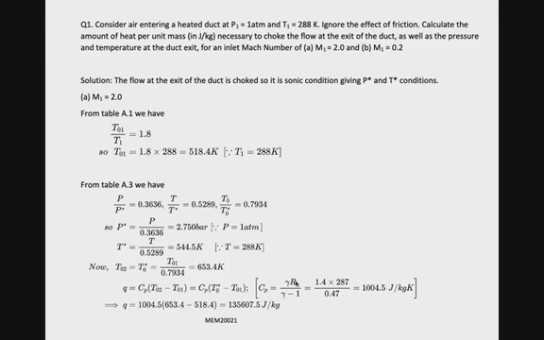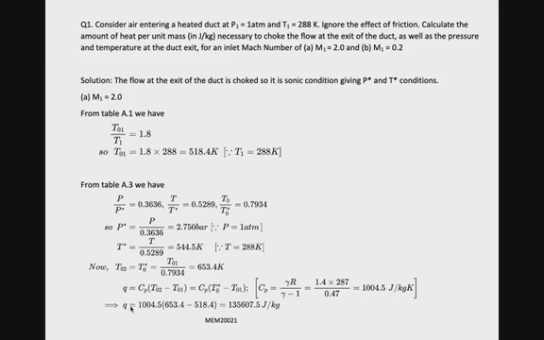Cp is equal to gamma R divided by gamma minus 1, where R is the specific gas constant. For air, gamma is equal to 1.4, times 287, which is the value of the characteristic gas constant R, divided by 1.4 minus 1, which is 0.4, equal to 1004.5 joule per kg Kelvin.